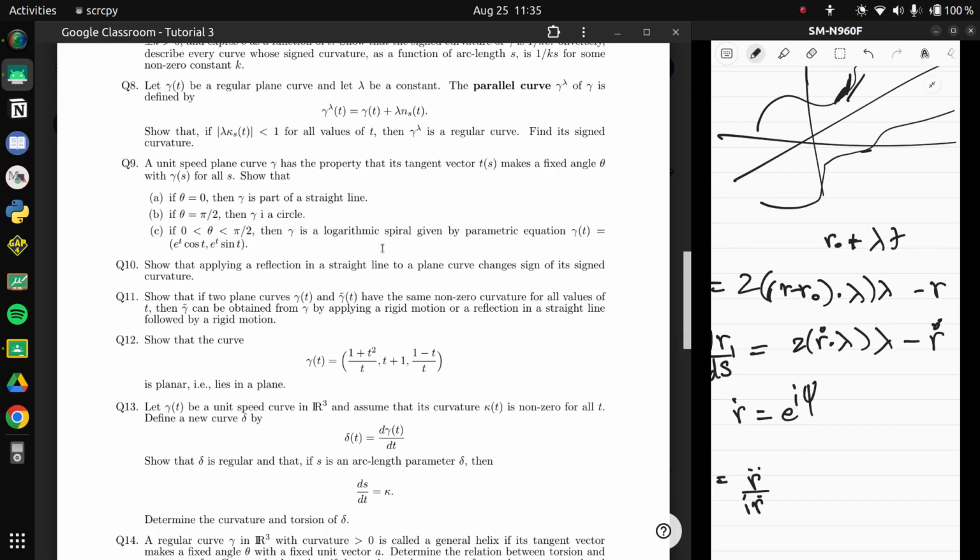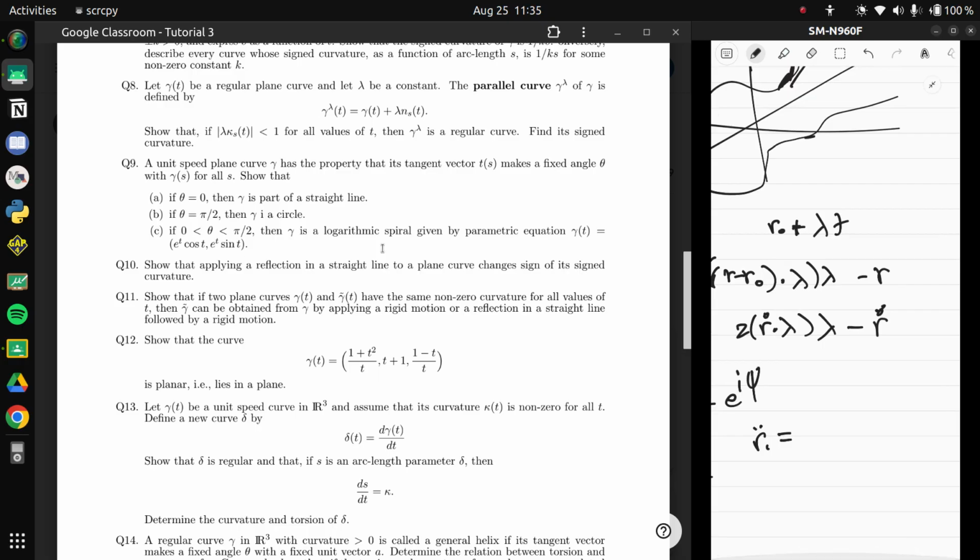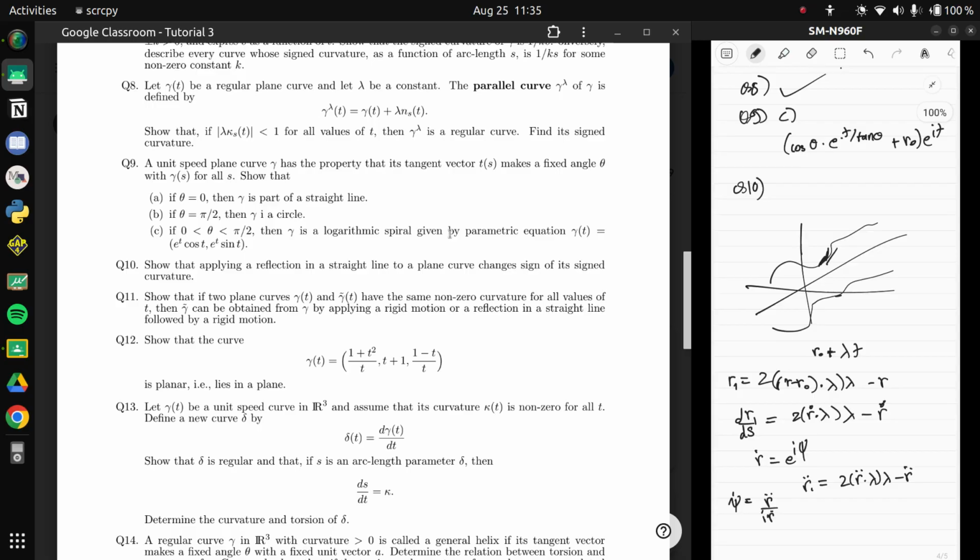So you got r1 dot as this thing. So what about r1 double dot? That would just be, once again using bilinearity, it's just the r dot which is changing. So it's just 2 r double dot lambda minus r double dot, right? So what is that saying? That's saying that r double dot also has been reflected. This is just gonna keep going like that. All of these derivatives have been reflected, right?